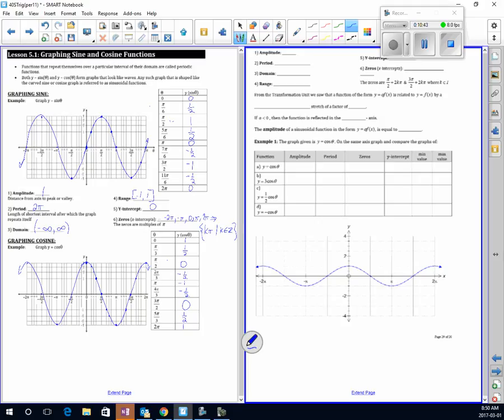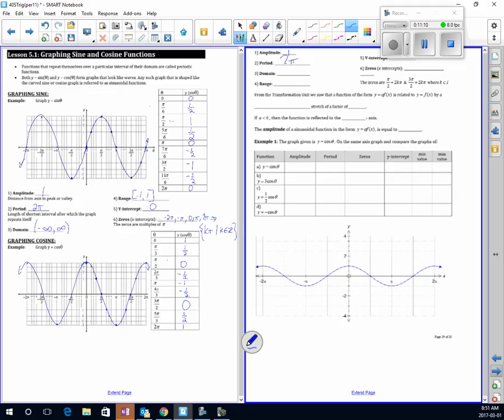Okay, so let's look at this graph here. What's the amplitude? It goes from the axis to the max or the min. So what's my amplitude again? 1. What's my period? Again, it's the length of time it takes before it starts repeating itself again. If we start at 0, do you see we're at a max? When does it become a max again? At 2 pi.